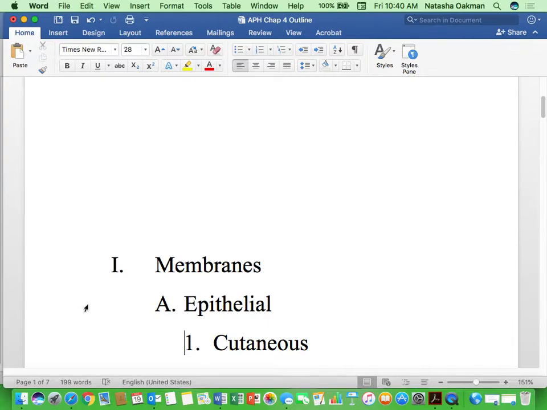So what does stratified mean? Yeah, multiple layers, exactly. And what does squamous mean? What shape are the cells? Like little tiles, flat little tiles, okay.